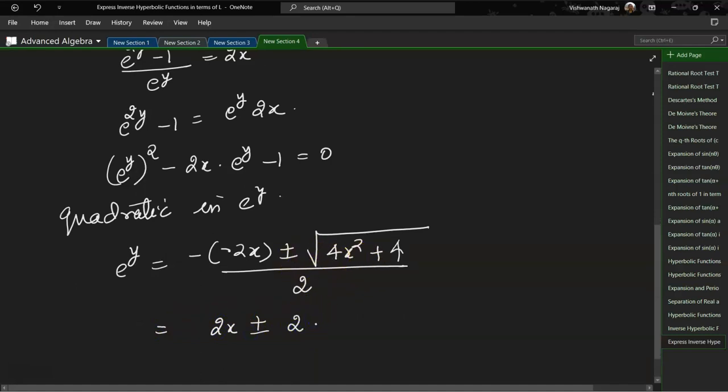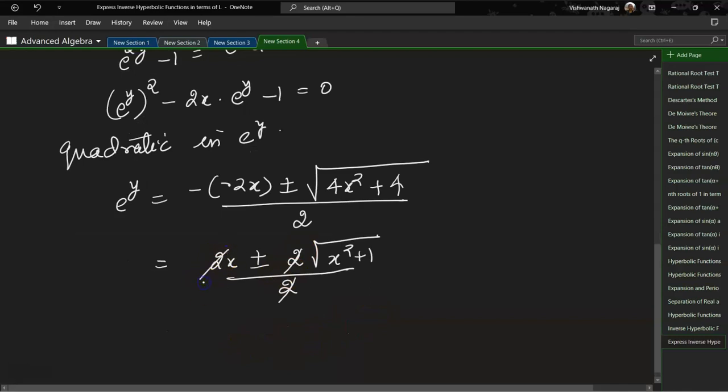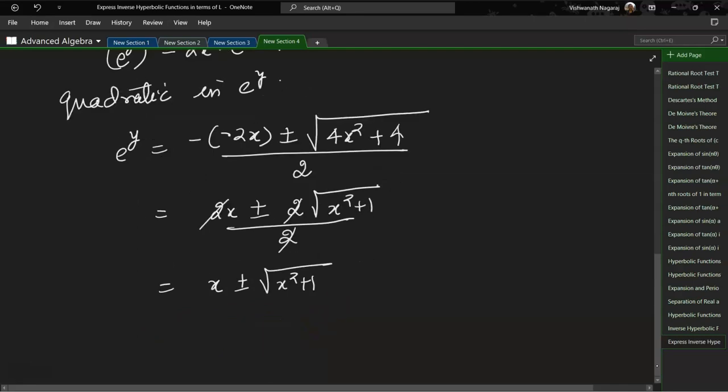It becomes 2 root x square plus 1 by 2. These 2's get cancelled and we are left with x plus or minus square root of x square plus 1. And here it has been accepted that we are going to ignore negative. So e to the power of y is equal to x plus square root of x square plus 1.